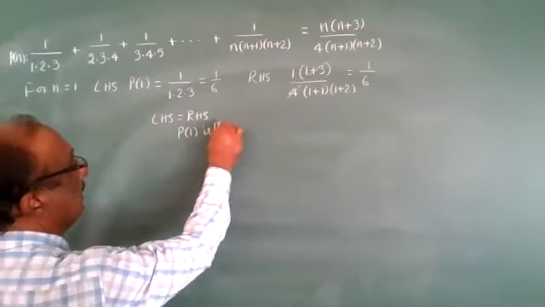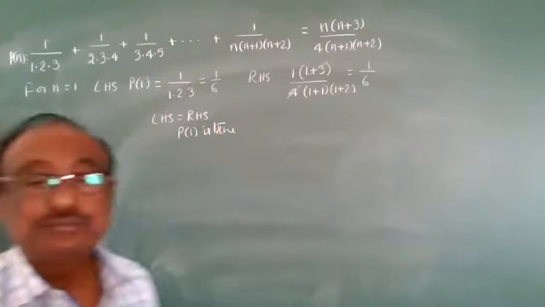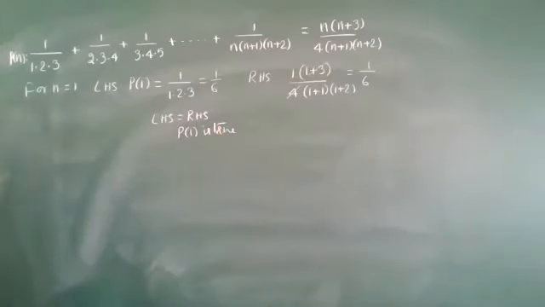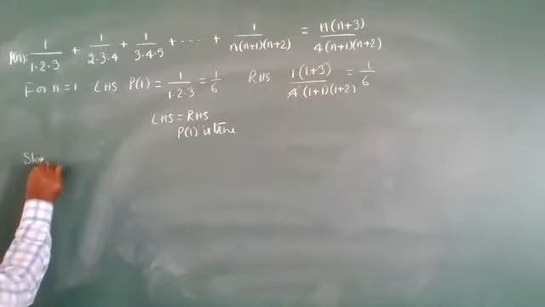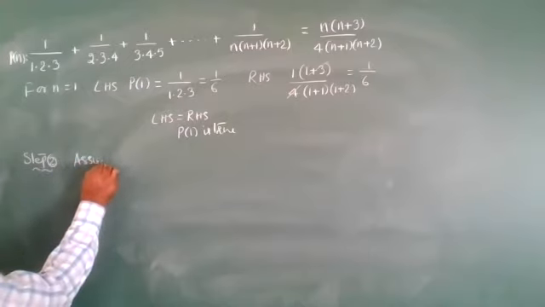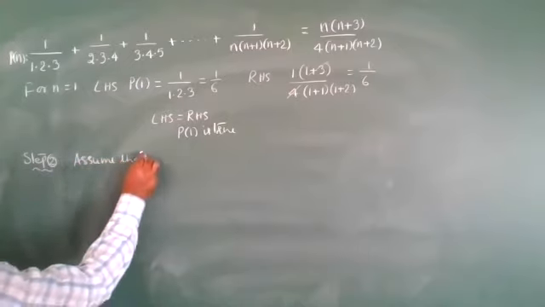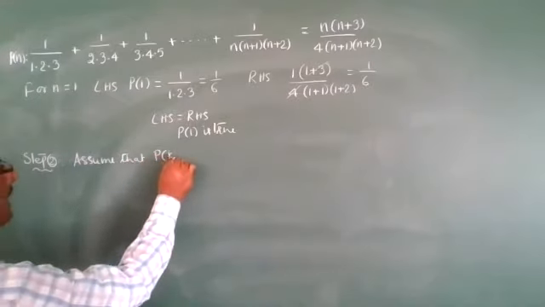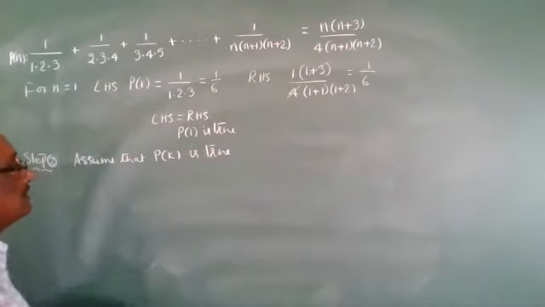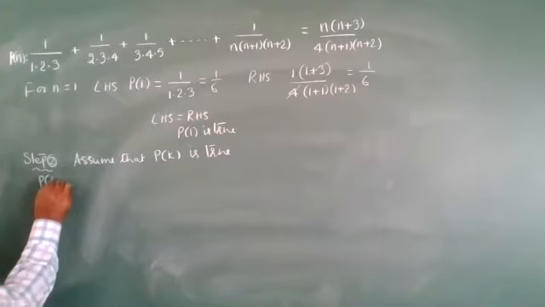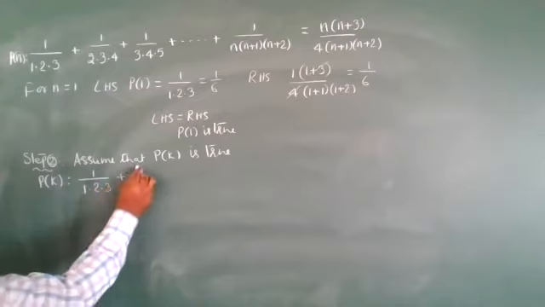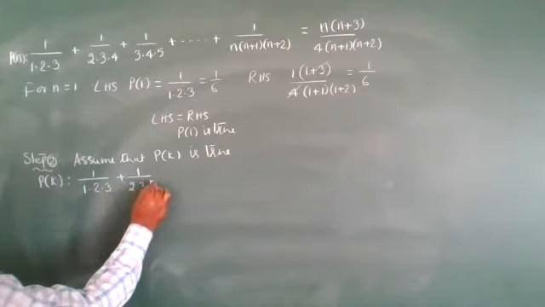Go through step 2, everyone. Assume that the principle of k numbers is true. Write down the k numbers. First number is 1 by 1 into 2 into 3. Second number is 1 by 2 into 3 into 4.